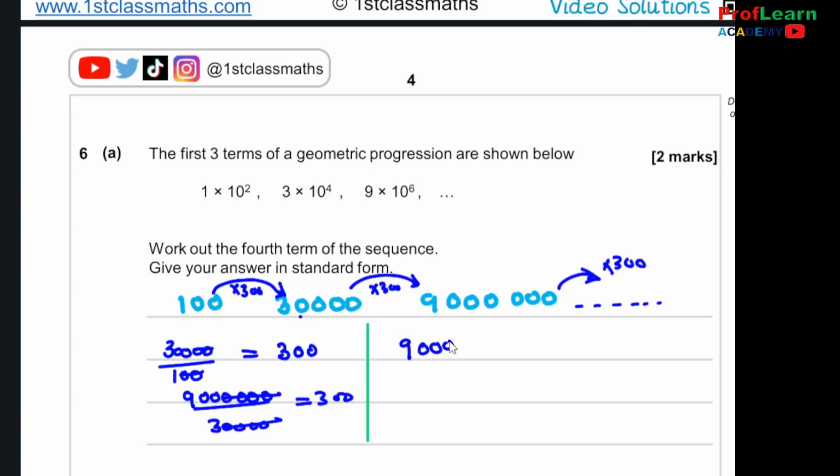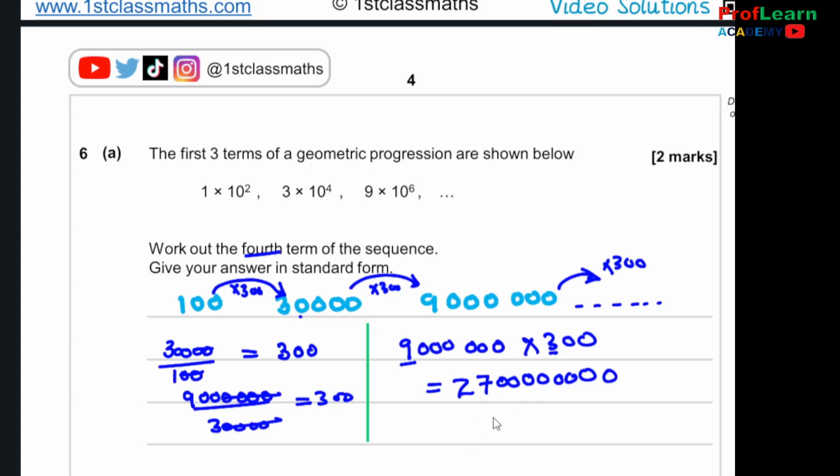9 million, then the fourth number, because we are finding the fourth term, 9 million times 300. Of course, this is going to be 9 times 3 will give us 27. How many zeros? Now we shall have 8 zeros. 1 2 3 4 5 6 7 8.